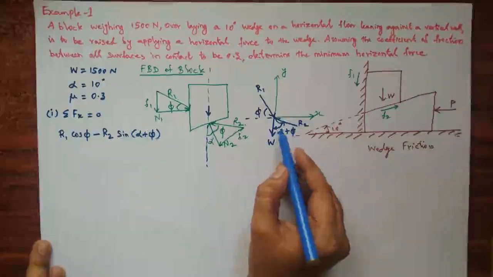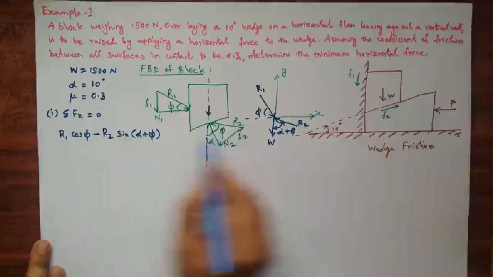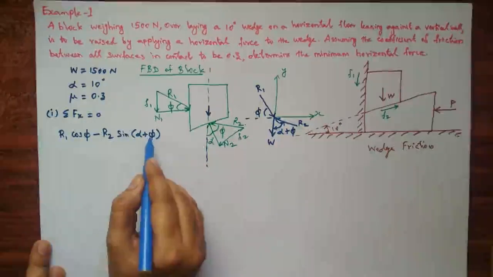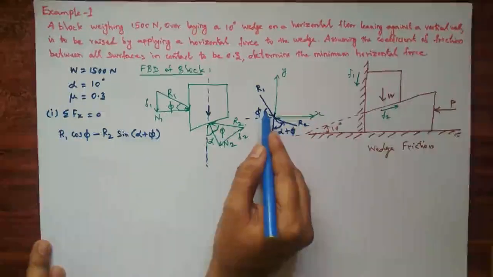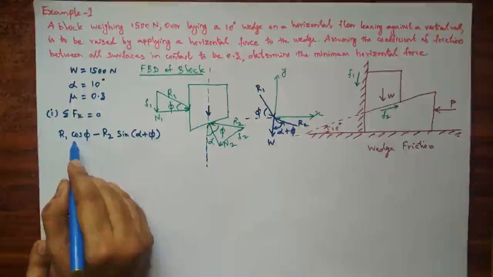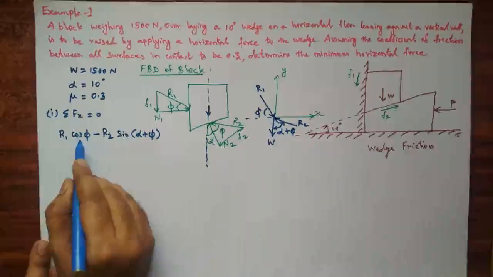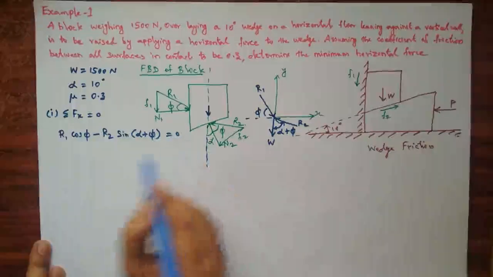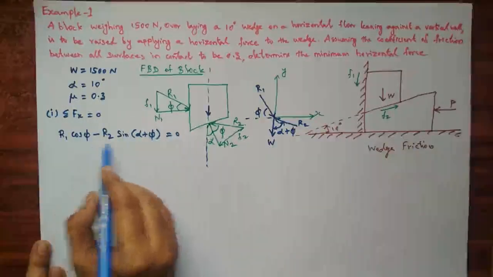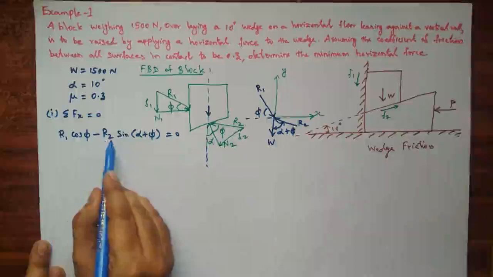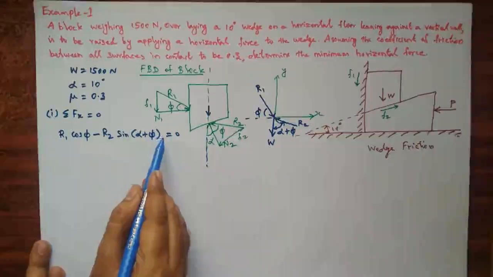Because this angle is with respect to the vertical, that's why I am substituting sin of alpha plus phi. Here the phi is with respect to the horizontal axis, that's why I am putting cos phi. So R1 cos phi minus R2 sin alpha plus phi equals 0.